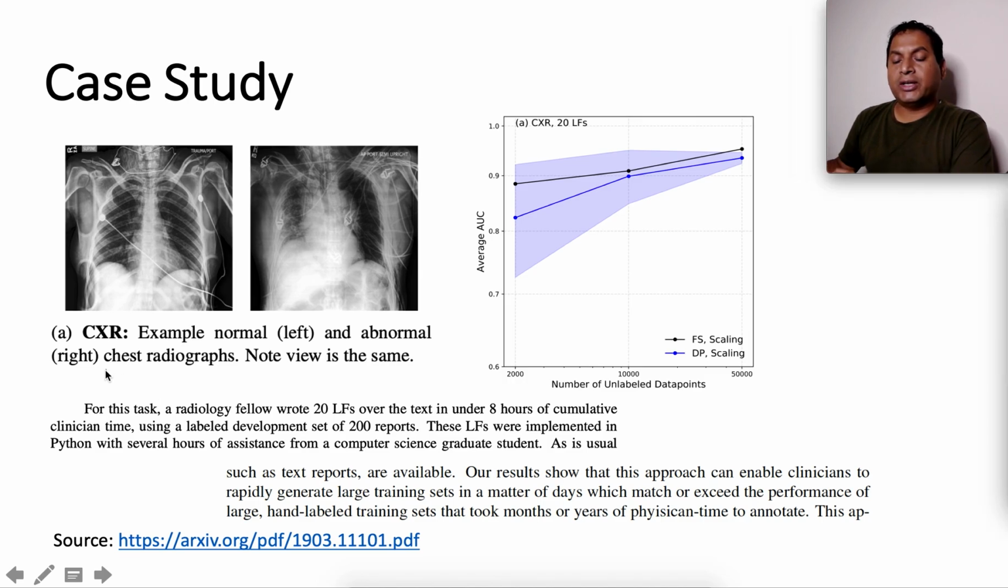So in this case study, there was an image classification problem of chest radiographs to classify them as either normal or abnormal. And you can read in this paper, I will provide the link in the description section. A radiology fellow wrote 20 labeling functions in under 8 hours of cumulative clinician time.